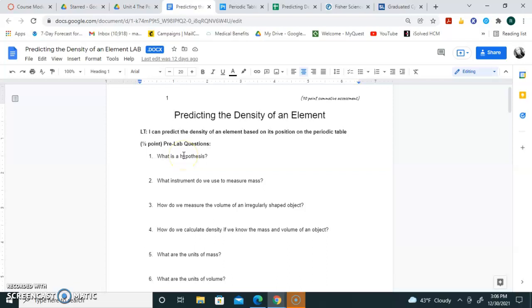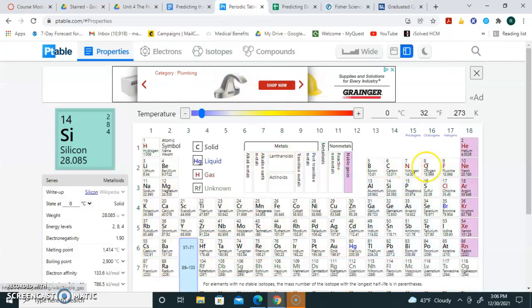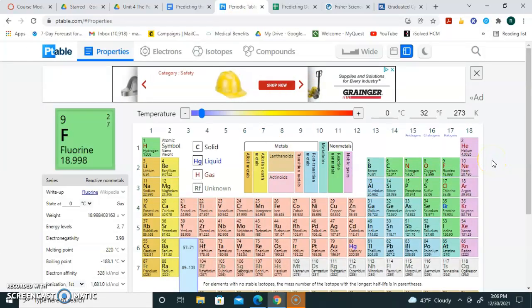So the whole point of this lab is that we're going to be using what we know about the position of an element on the periodic table in order to predict its density. So using ptable.com or your own periodic table that you may have as a hard copy, basically what we're doing in this lab is we're using a few elements in period 4 over here.